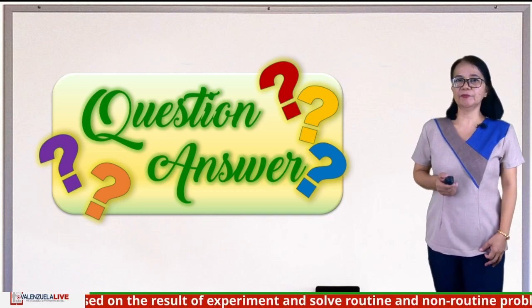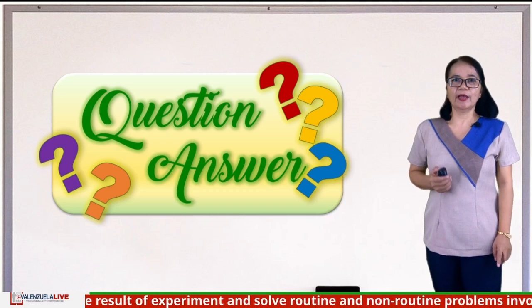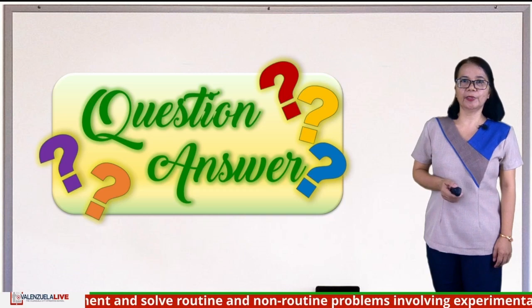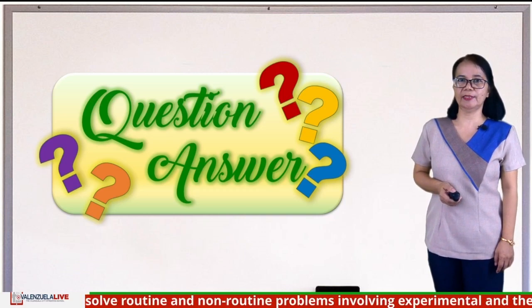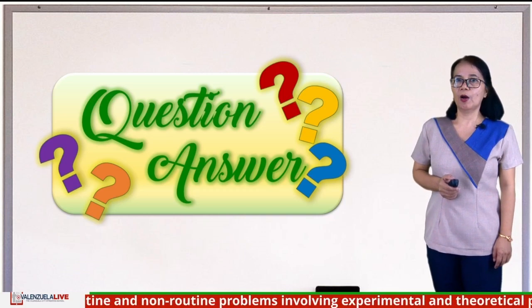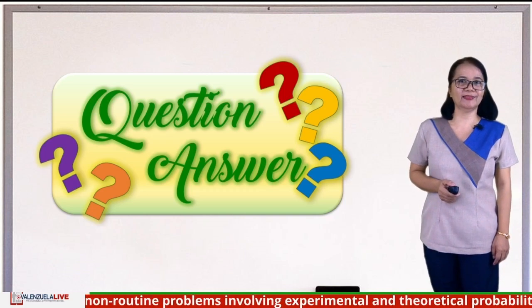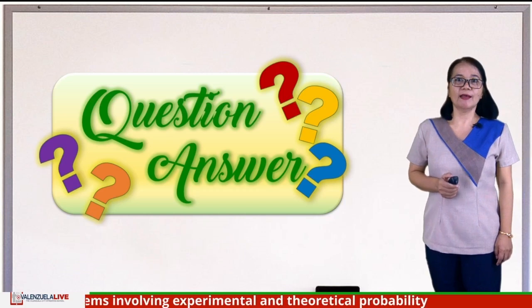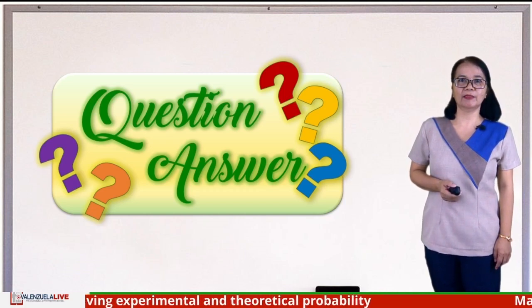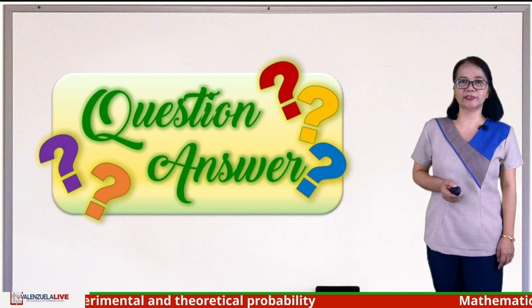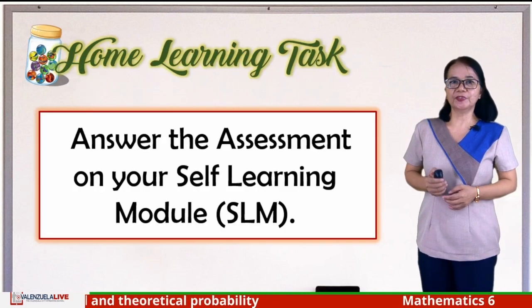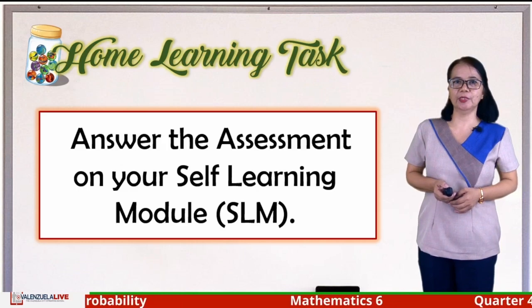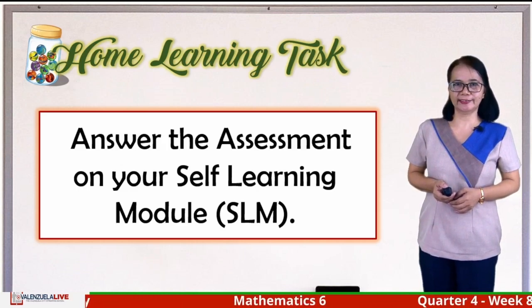The difference of the two is in theoretical probability, we attempt to predict what will occur without actually performing the experiments, while in experimental probability, the probability of an event is based on what has actually happened by conducting of actual experiments. If there's no more question, I want you to get your self-learning module and take note of your assignment.